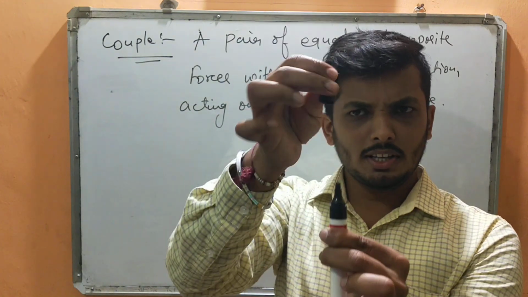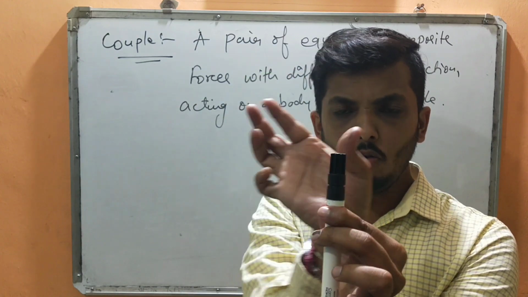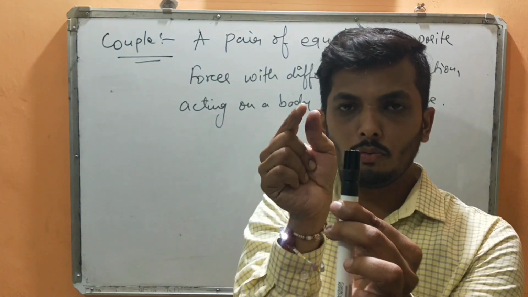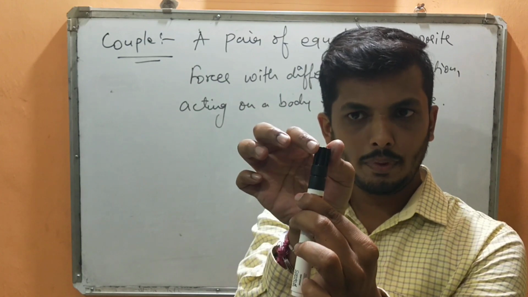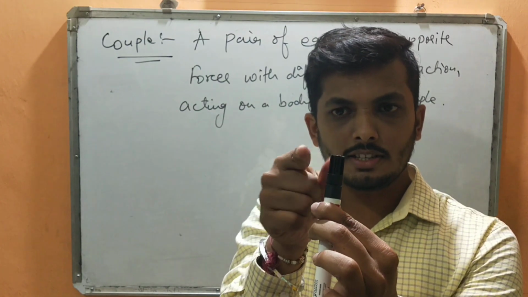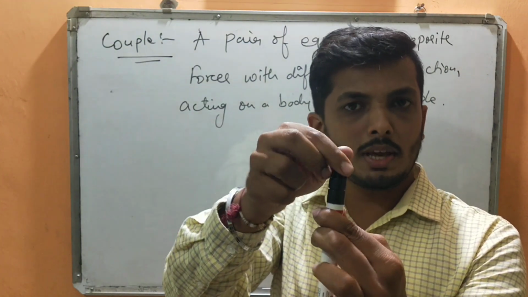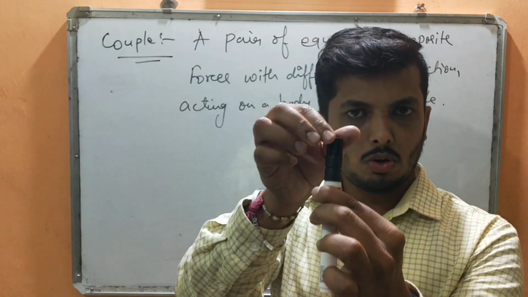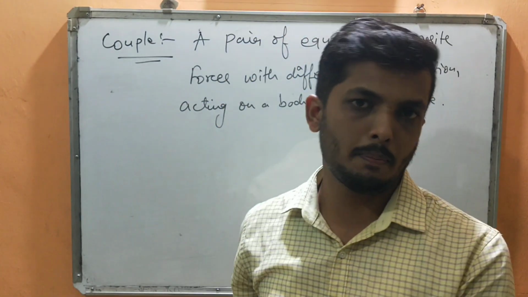There is one force applied by this finger and one more force applied by the thumb. This finger's direction is this and the thumb is opposite to it. Magnitude will be the same because it's my own hand, right? So when I rotate it, this rotational effect is called couple.